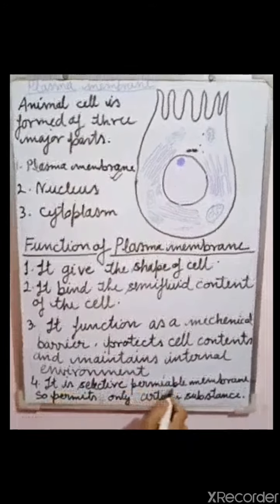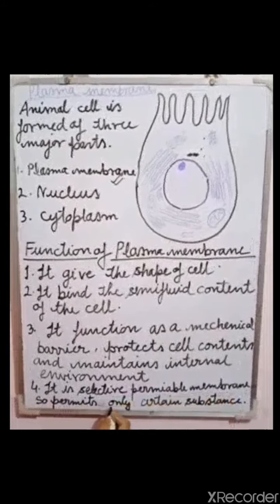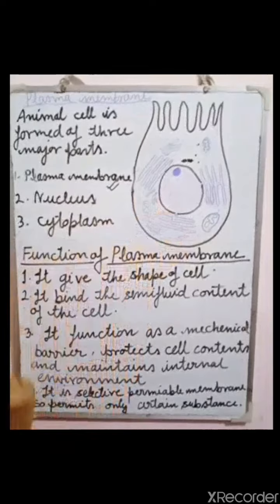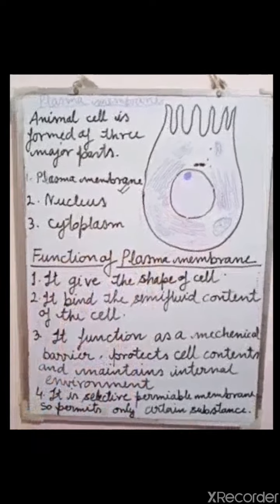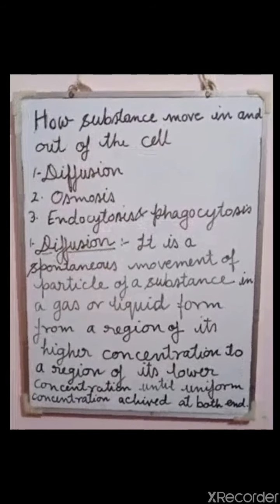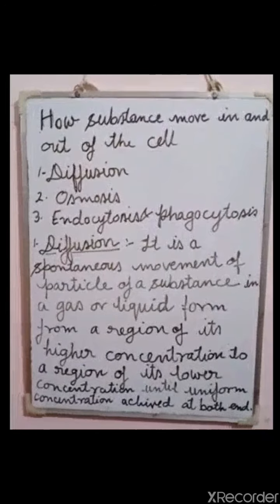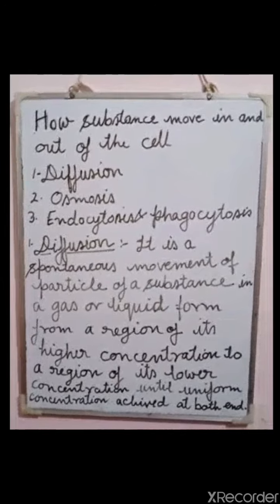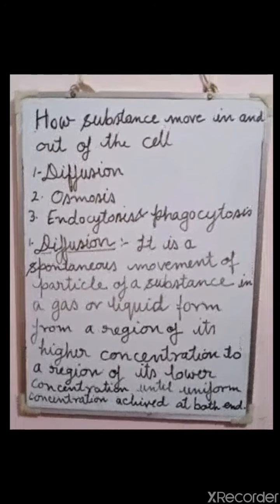It is a selectively permeable membrane, so it permits only certain substances in and out. It is flexible in nature, so it helps in engulfing large food particles. And this is about the functions of the plasma membrane.